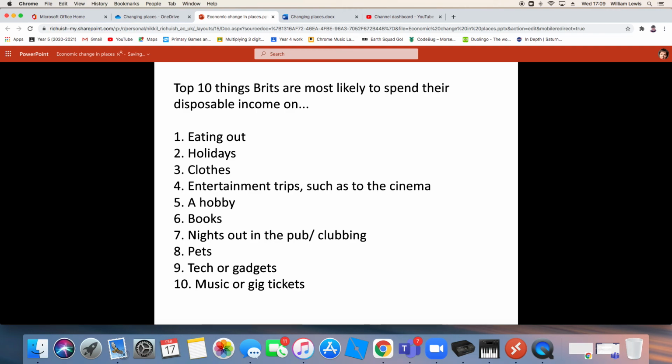You need holiday reps. Thank you, brain, that's the word I was thinking of. You need cabin crew. You need people who work in rent-a-car places. You need lifeguards. You need people who work in shops, on the tills. You need all of these things that British people like to spend their money on; they basically create a service sector.